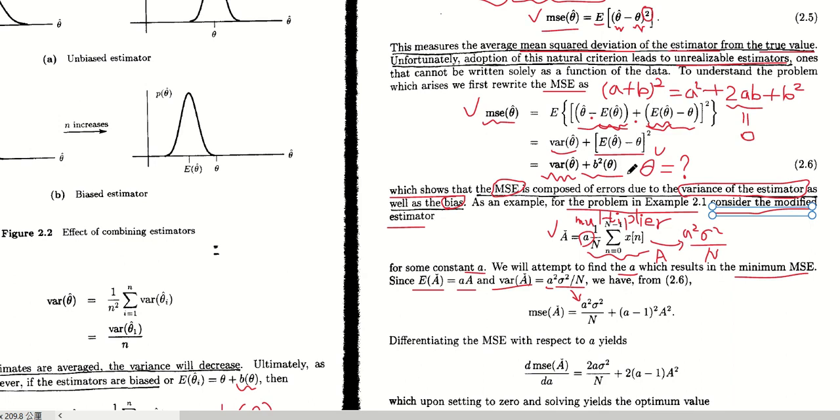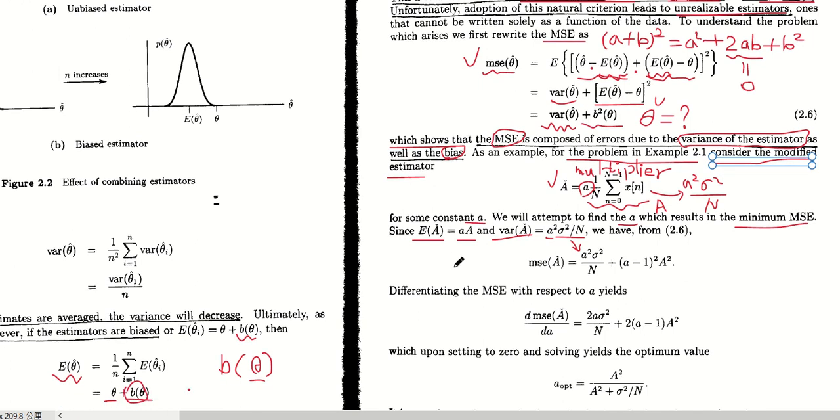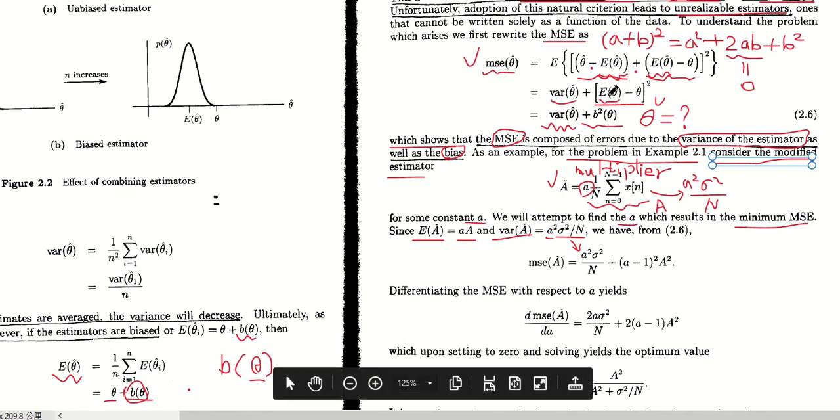Another term is the bias squared of theta, and the bias is a minus 1. How come? Let me do it one more time.